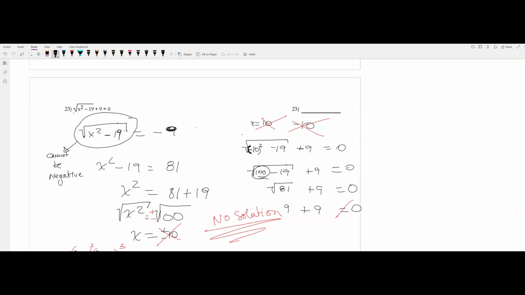This cannot be negative because it has a positive index. It's 2 here. And so, what happened? This radical expression is equal to a negative number. So automatically you can dismiss it.